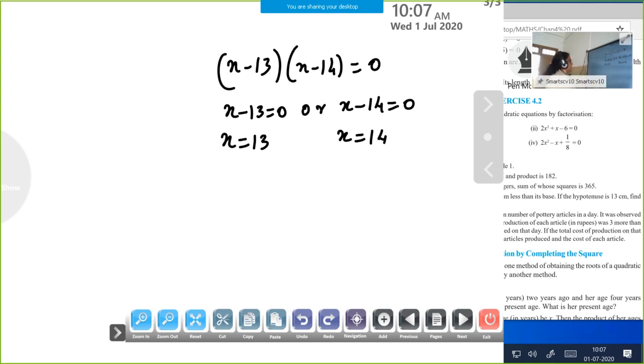Then the numbers are, if x is equal to 13, the numbers are 13, 14. Clear? Is it clear?